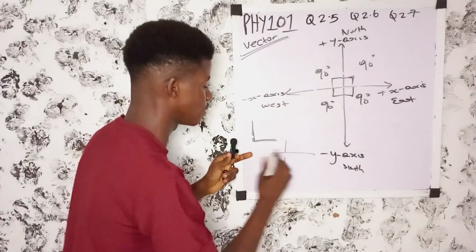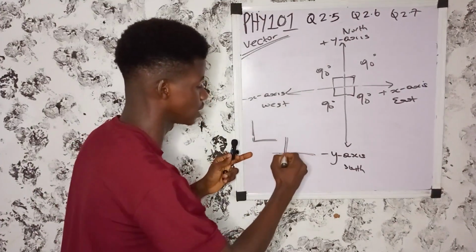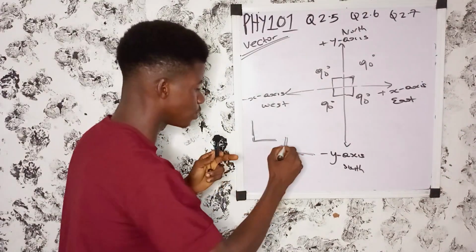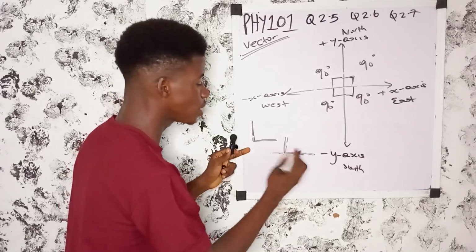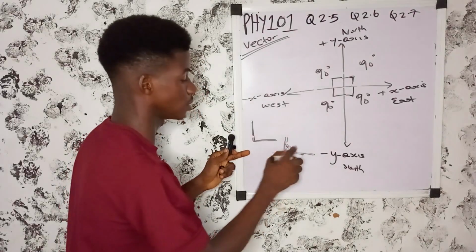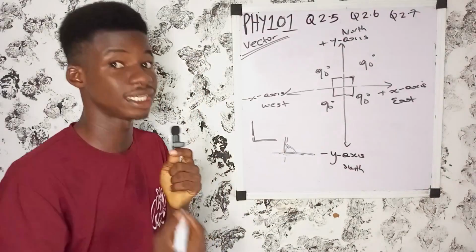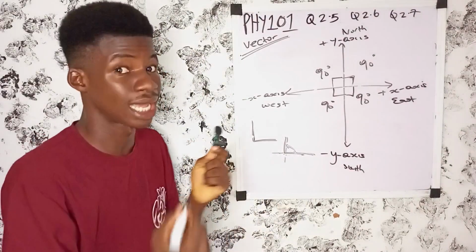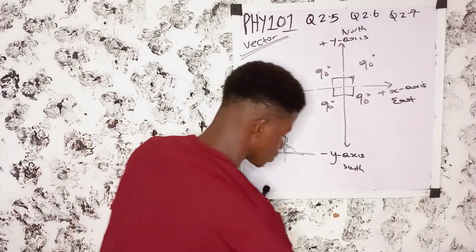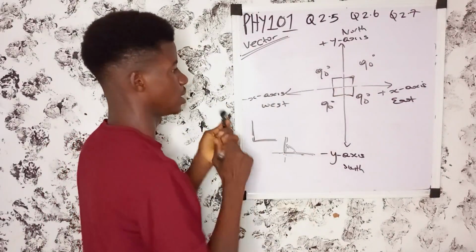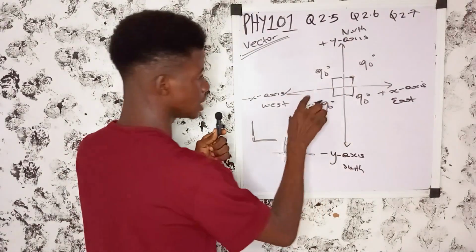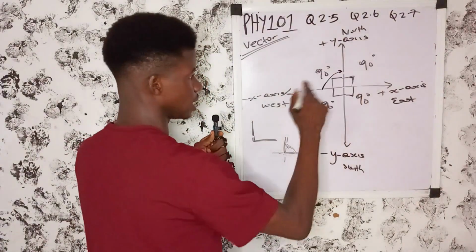You cannot draw an angle from a vertical line to a horizontal line. It's always with reference to the horizontal line towards the vertical. So the angle here is 90 with reference to this negative x, from here to here.